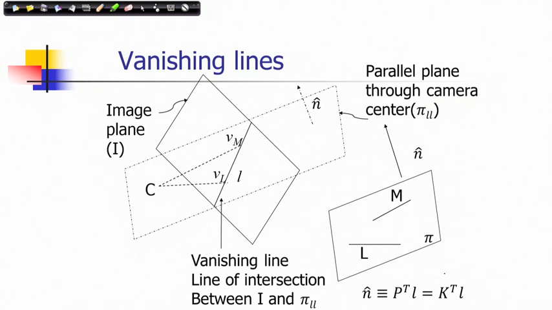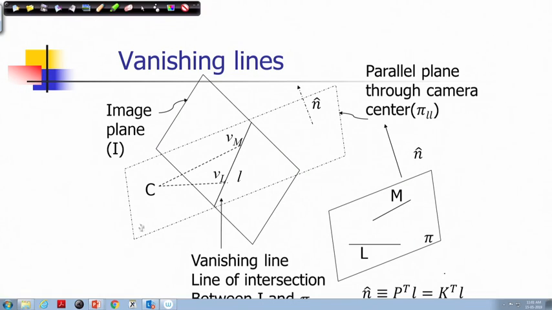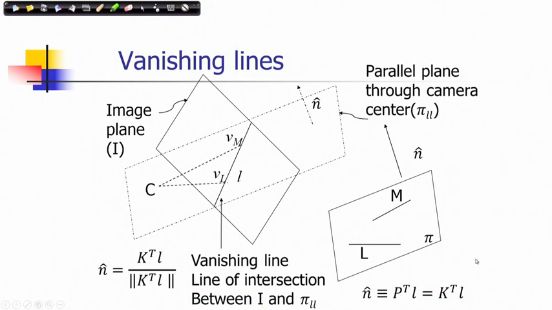And if it is a reference camera, that means the camera is represented by the projection matrix K into I 0, then if I multiply with L, it would be simply K transpose L. For a unit direction you need to normalize that vector.